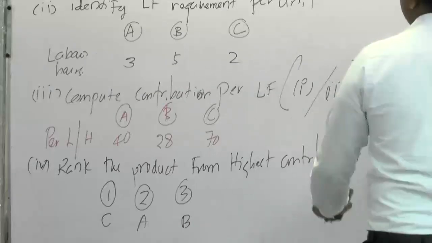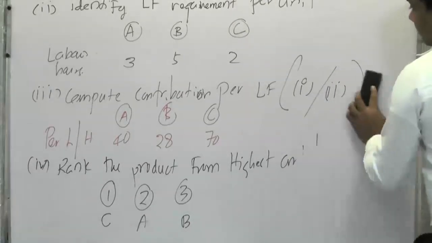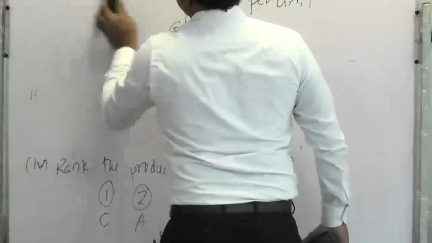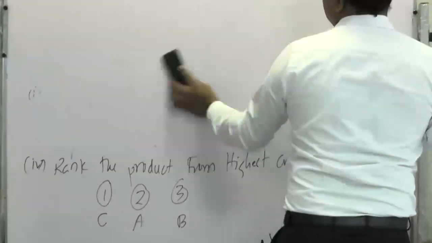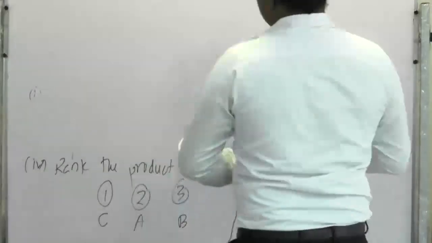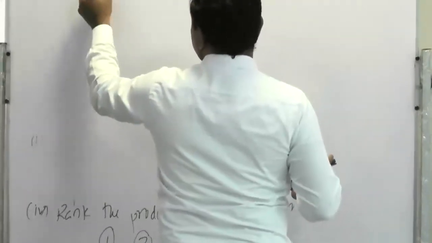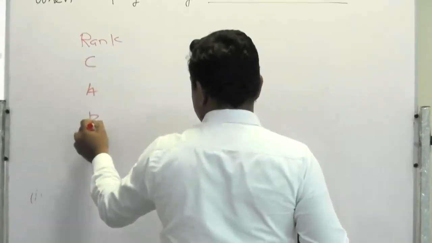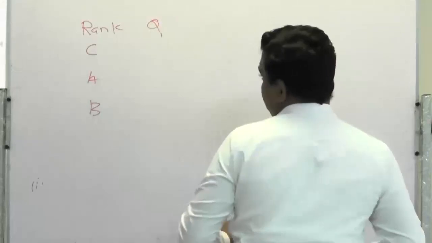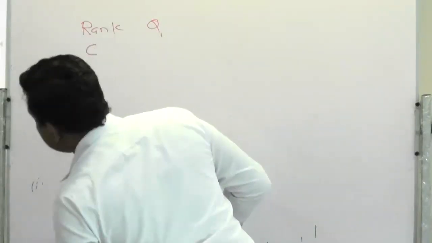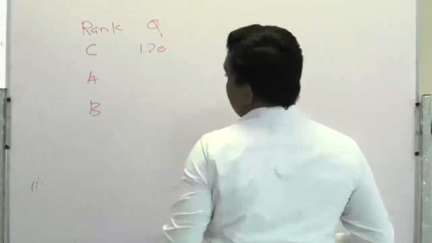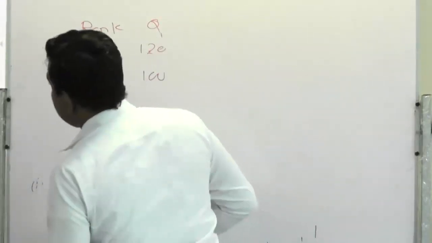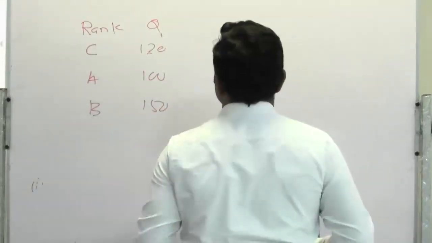Let's see the last step, step number 5. Last step, how to decide the maximum profitable product mix. Now you know your rank for products C, A and B. The quantity you can produce is from C, 120, from A, 100, and from B, 150.